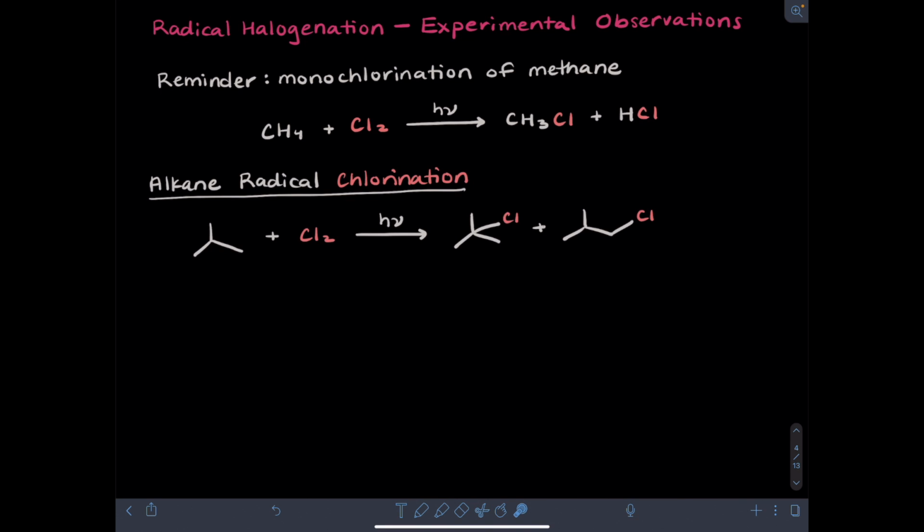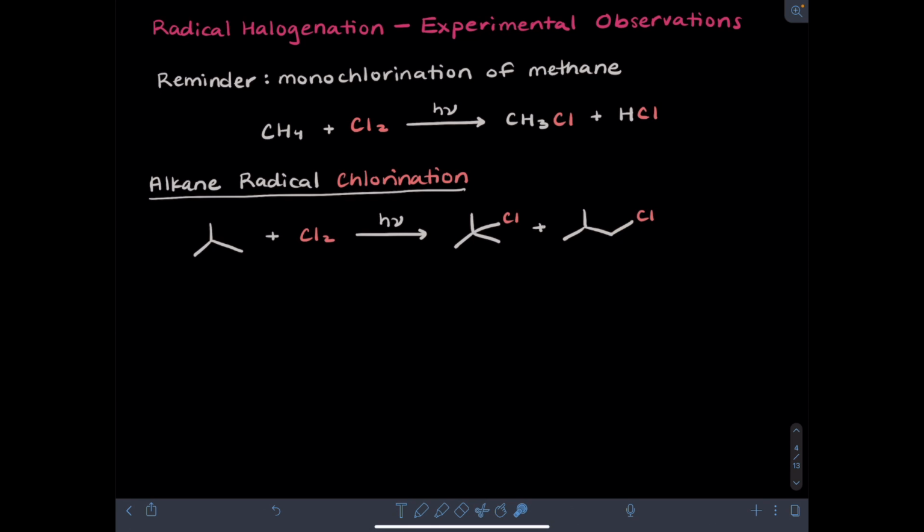What's experimentally observed is that if you treat this particular alkane, in which you have a tertiary carbon with 3 methyl groups attached to it, radical chlorination gives 2 different products, where you broke the CH bond of the tertiary carbon to give this product, and you also form the product where you break one of the CH bonds of a methyl group and add a new chlorine at that position.